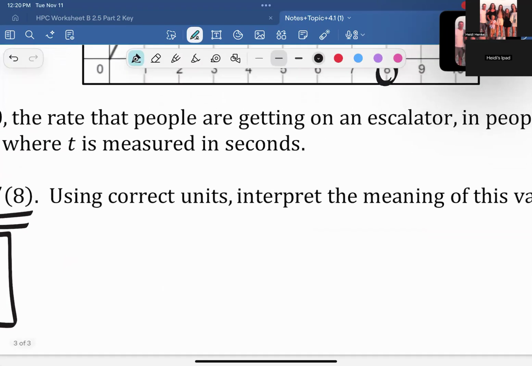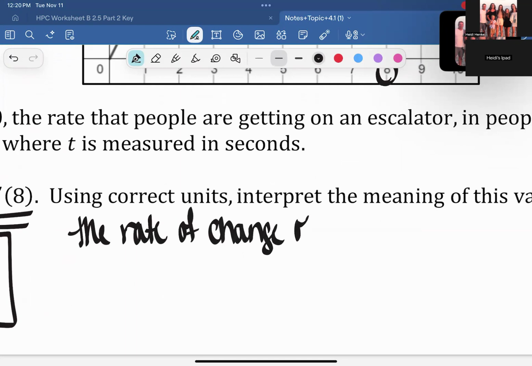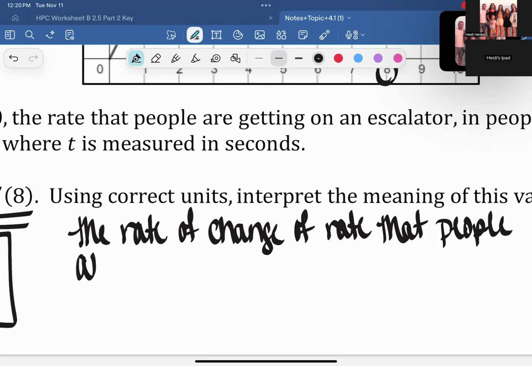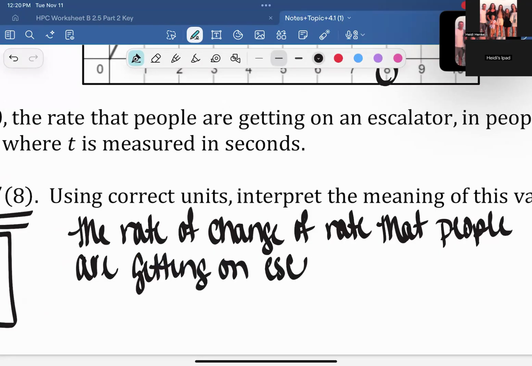Okay, so the rate of change of the rate that people are entering, yeah, getting on an escalator, is decreasing because it's negative.